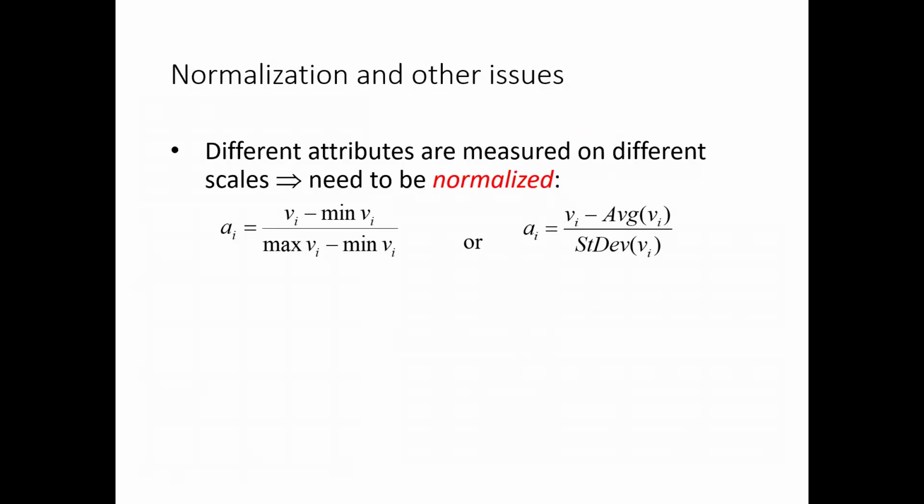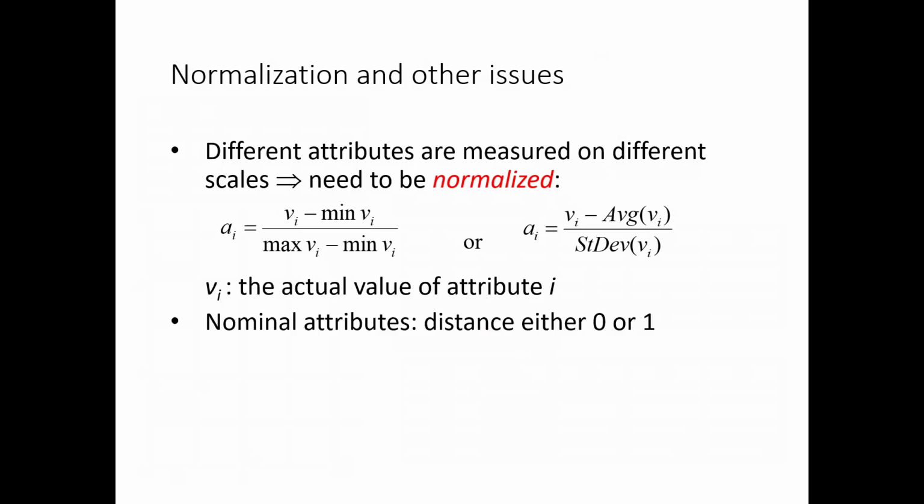Right. But there are a few things you have to note. Especially, nearest neighbor will get the differences and then square them. This might be problematic if you're using different scales. So if your attributes are measured with different scales, you better normalize them. When you normalize, you can actually do it in two ways.